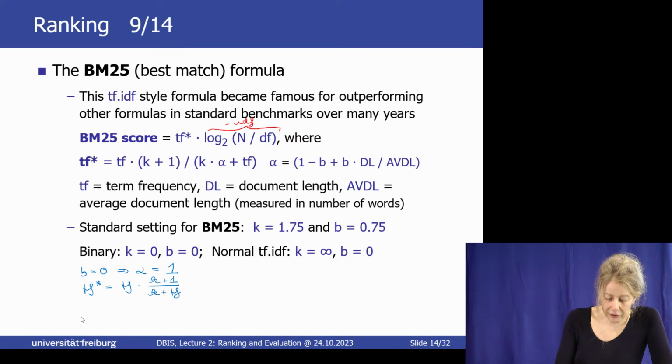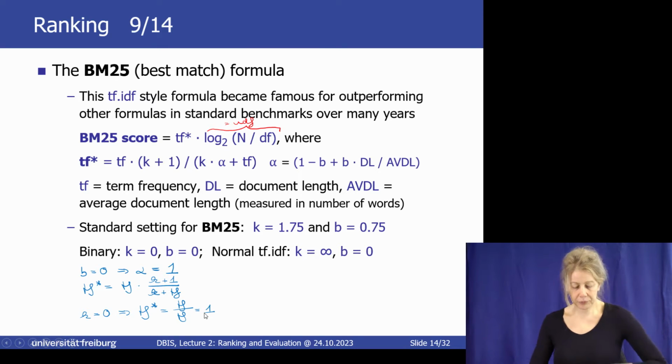And now let's look if also k is 0 now. What do we have? If k is 0, then I have k plus 1 is 1, k plus tf is just tf, then tf star is just tf divided by tf, which is 1.